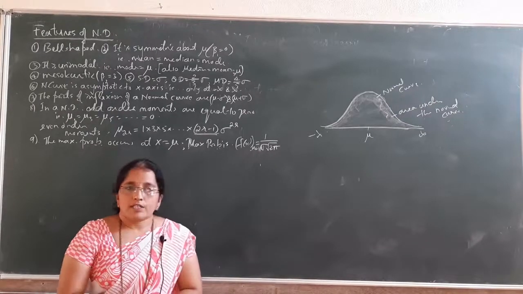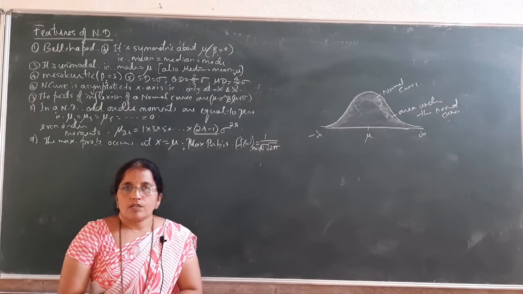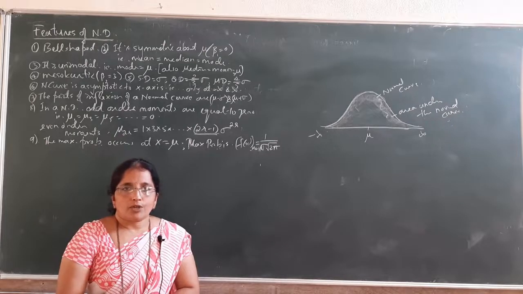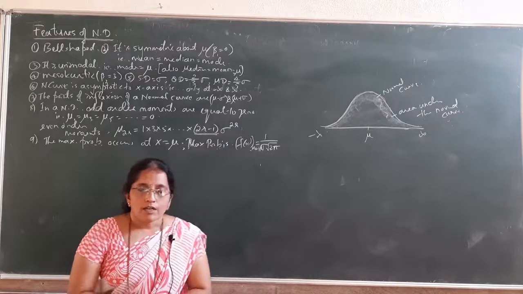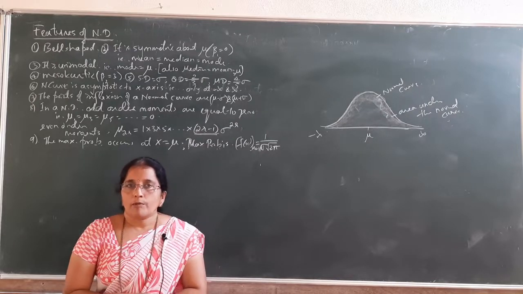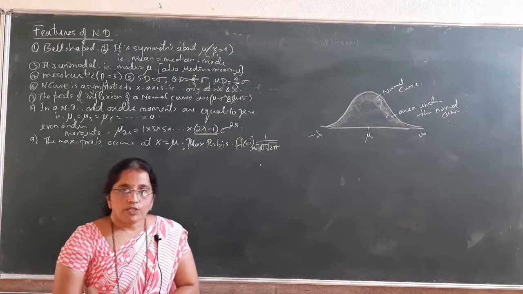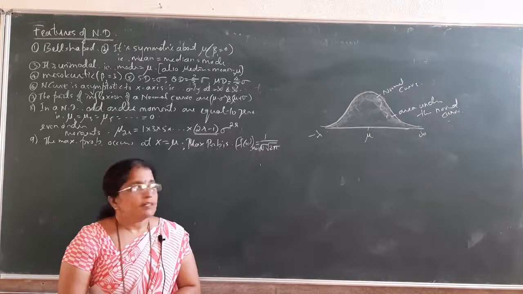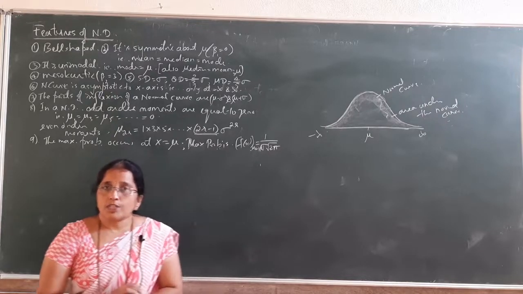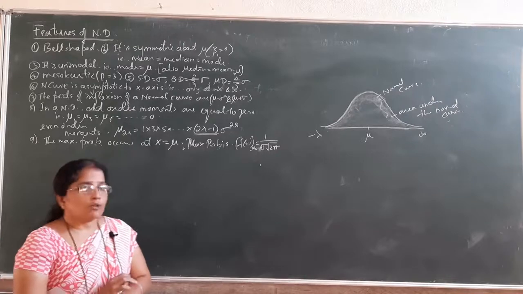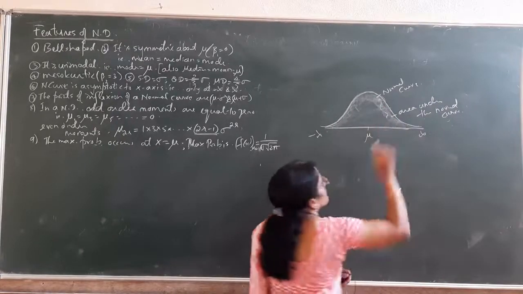Since a normal curve is a probability curve, and in any situation the total probability is equal to 1, here the area under the normal curve is considered as the total probability, which is equal to 1, right? So, which concept are we going to use here? That is, the area under the normal curve is equal to the total probability, which is equal to 1. So, remember, this area is considered as 1.